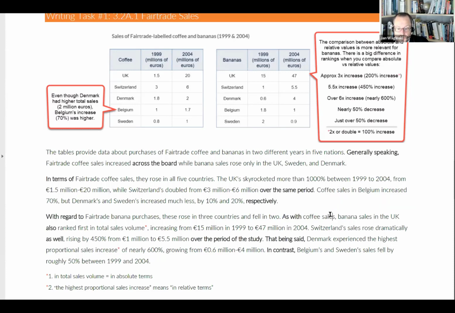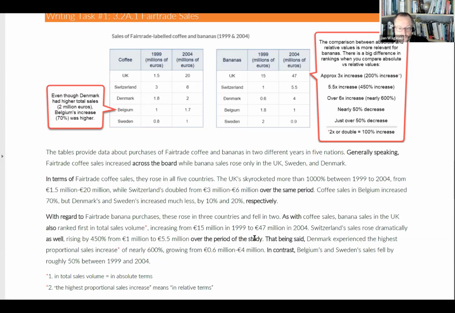As with coffee sales, banana sales in the UK also ranked first in total sales volume. So total sales volume is another way of saying in absolute terms, increasing from 15 million in 1999 to 47 million euros in 2004. Switzerland's sales rose dramatically as well, rising by 450% from 1 to 5.5 million over the period of the study.